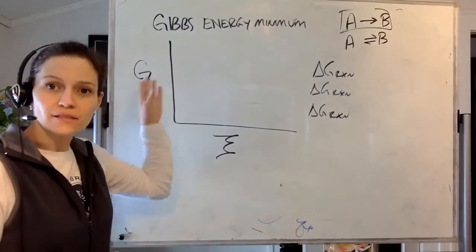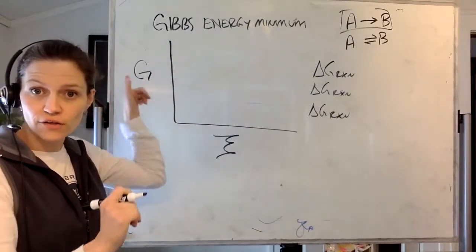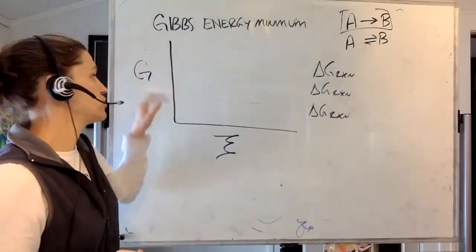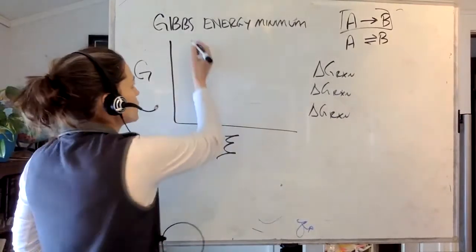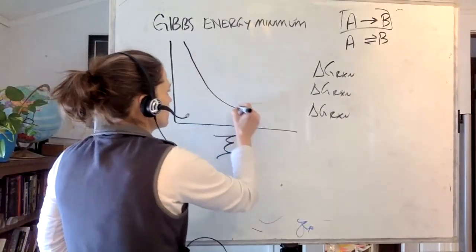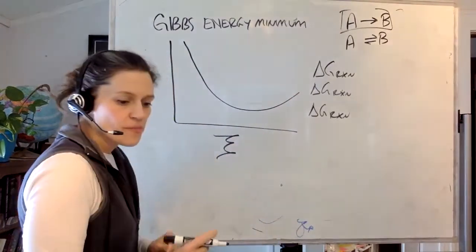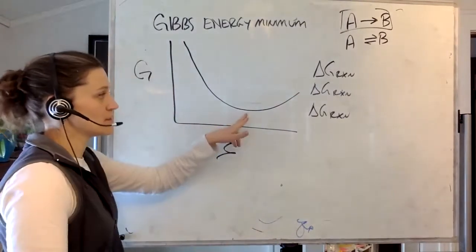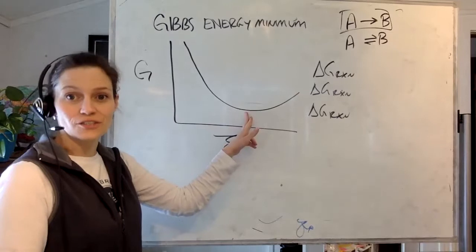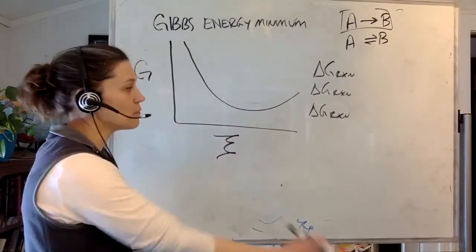Okay, so I've got G, the magnitude of G with respect to the extent of the reaction. So if I have a curve that looks something like this, you might say, oh, well, it's clear that equilibrium is going to occur where delta G is equal to 0 at the bottom of the hill.